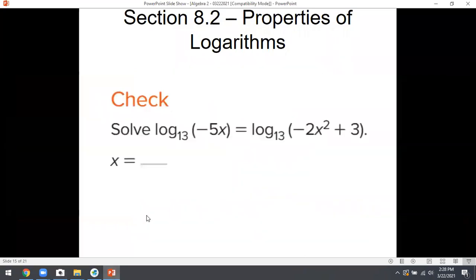Let's see what else we can do then. Let's try this one. This one has an extraneous solution. One's extraneous, one is not. Let's find out what's what. Jot her down.